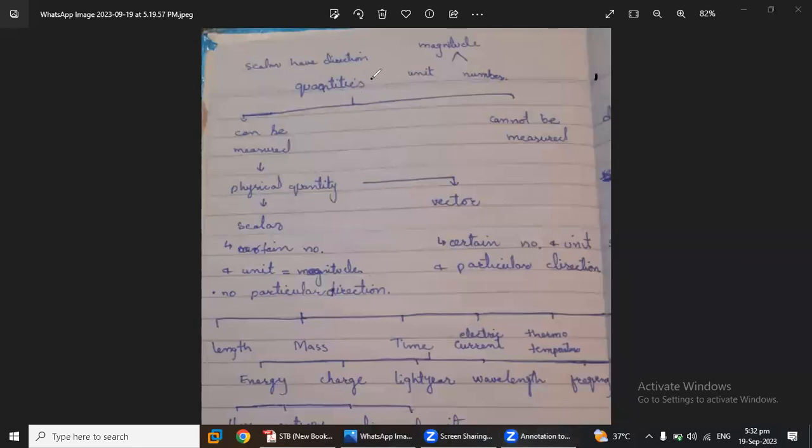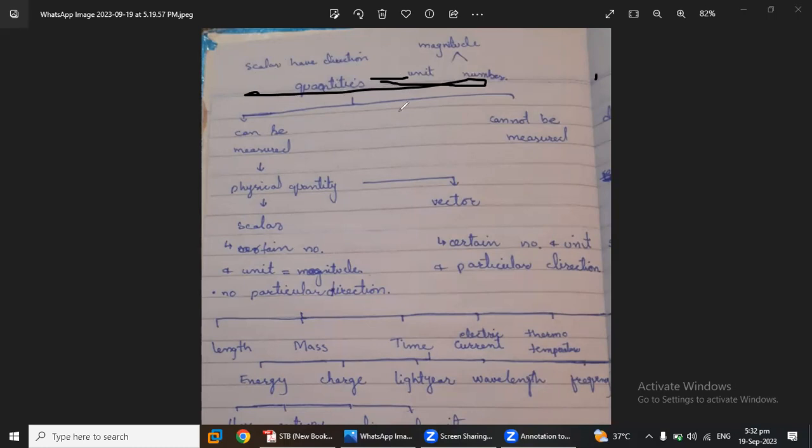A unit and a magnitude are the further parts of the quantity. A quantity depends on a unit and a number, or magnitude. So whatever a quantity is, it will have a unit and it will have a number. But it's not always true that quantities have units.